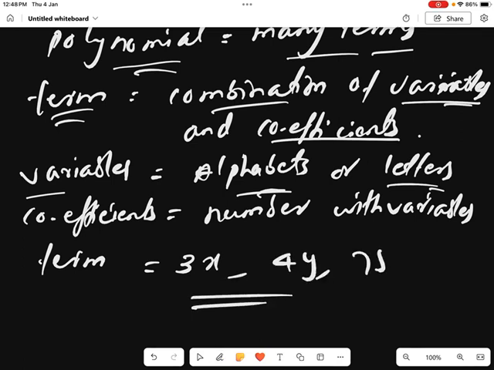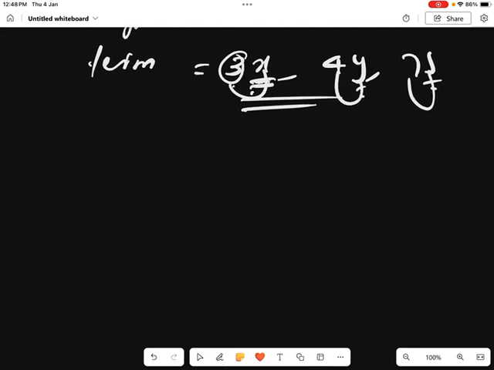Here x is the variable, y is the variable, s is the variable, and 3 is the coefficient of x, 4 is the coefficient of y, and 7 is the coefficient of s. So the combination of coefficient and variables are called terms. Coefficient means number with the variables. This is the variable and this is the number.